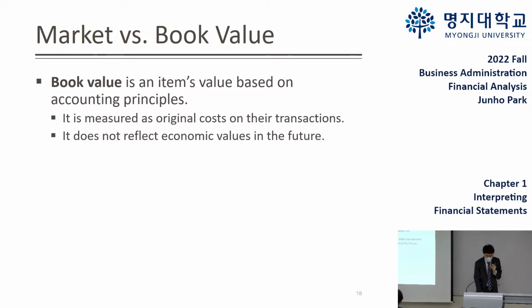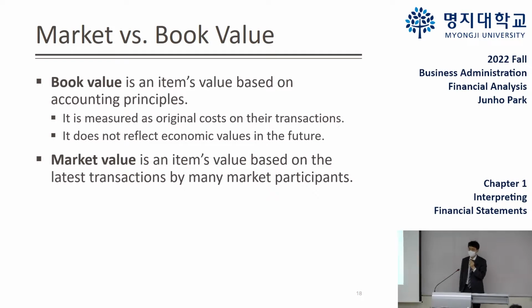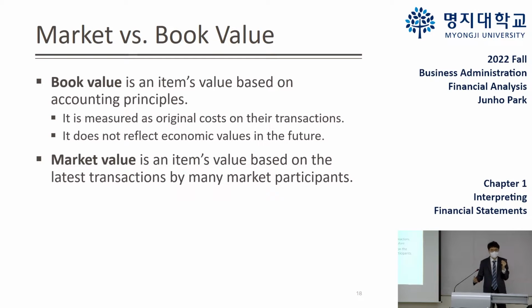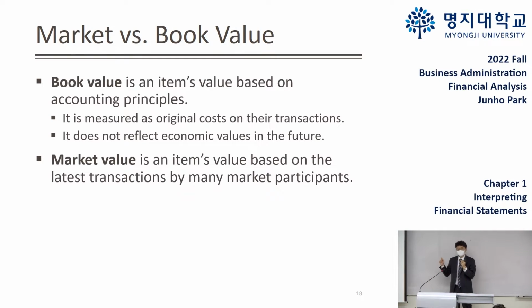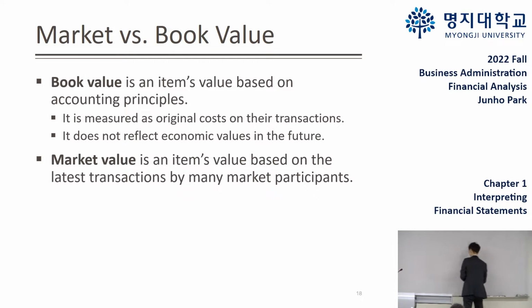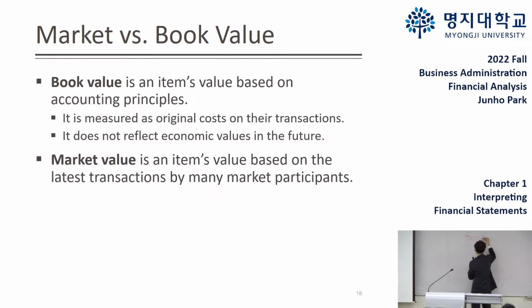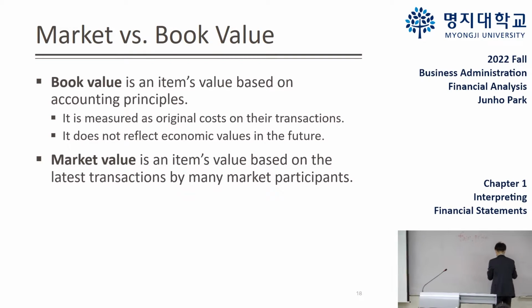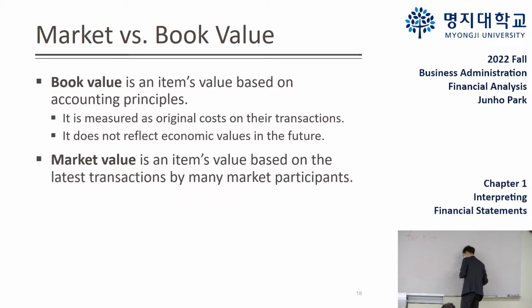So therefore, we need to think about what the market price will be. I'm not saying that the market price is the fair price. So there's a term, fair price. The fair price is the idealistic price for an item.